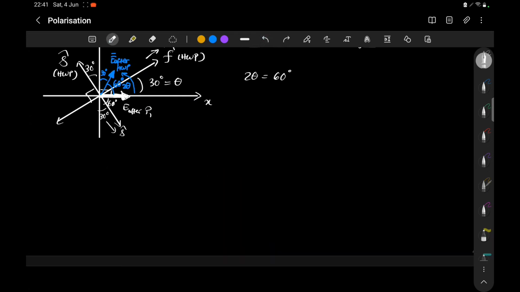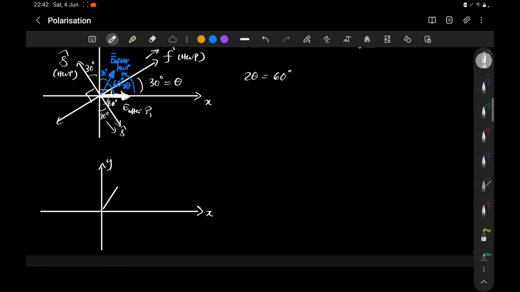Let's just draw a new one for the quarter wave plate. This is the x-axis, this is the y-axis.